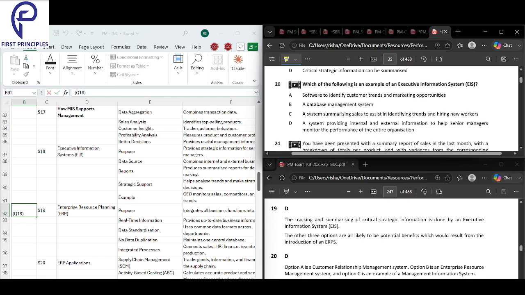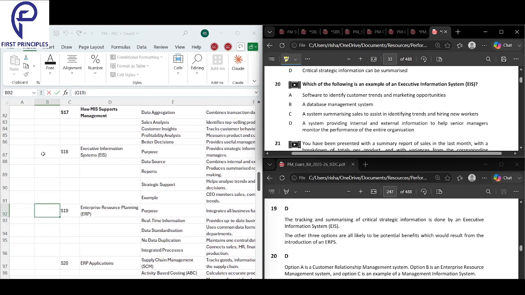A system summarizing the sales to assist in identifying trends and hiring new workers? A system providing internal and external information to help senior managers monitor the performance of the entire organization. Okay, this is definitely true. It provides internal and external information to senior managers so that the entire organization can be summarized. So that's definitely an EIS, for senior managers.